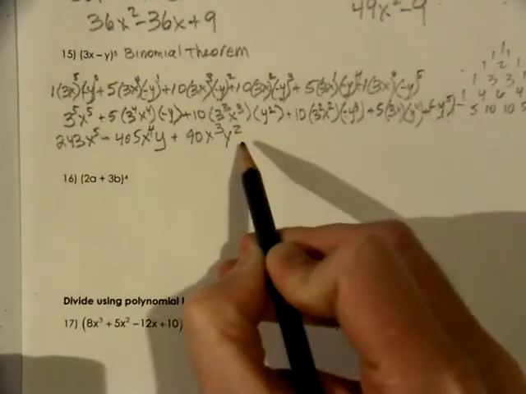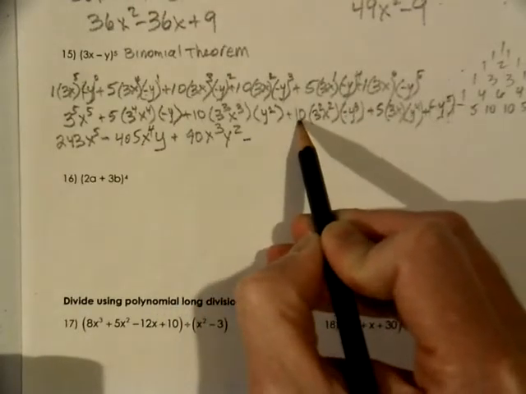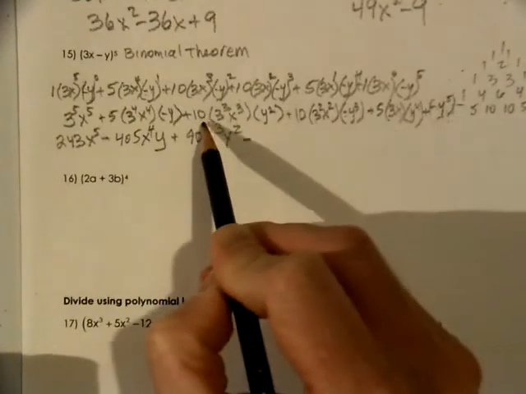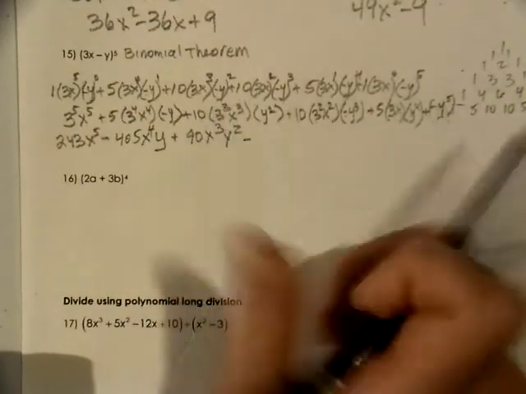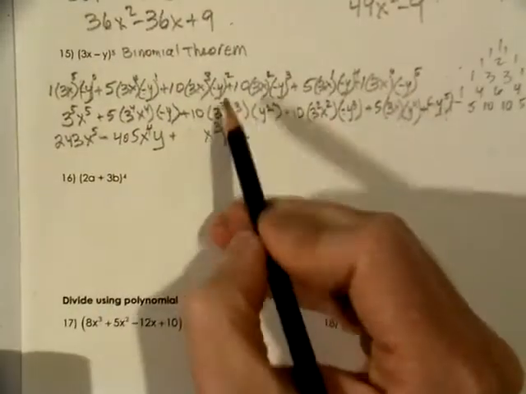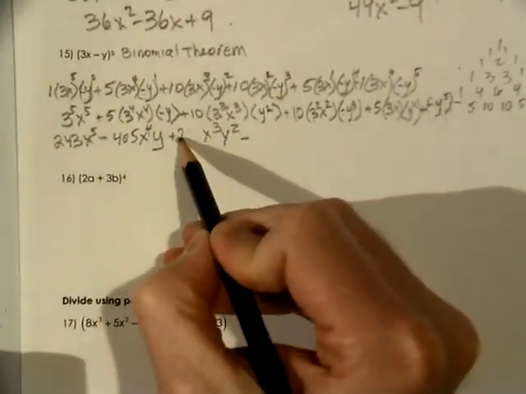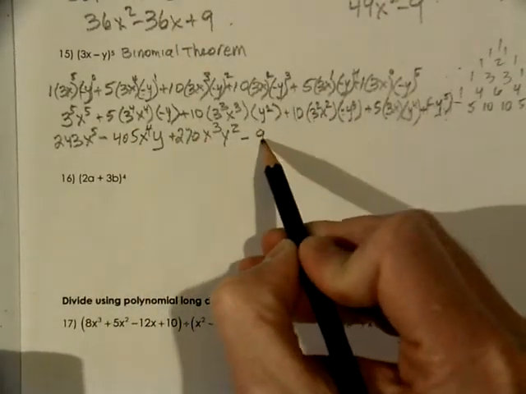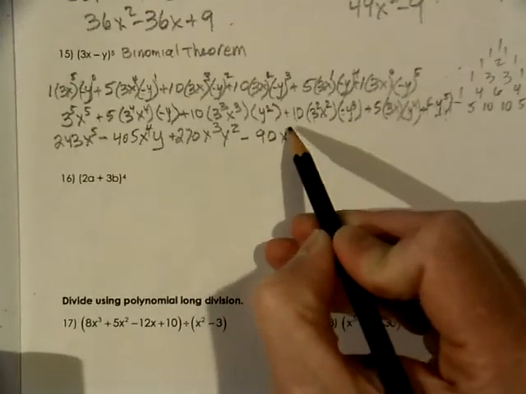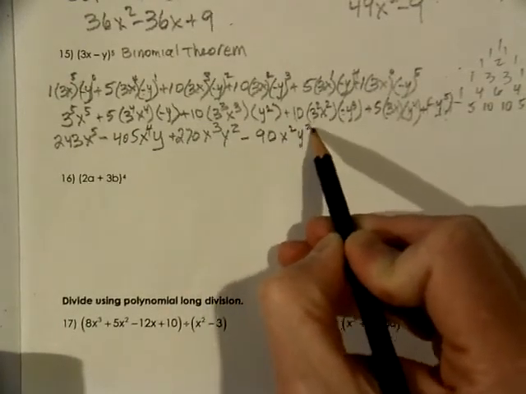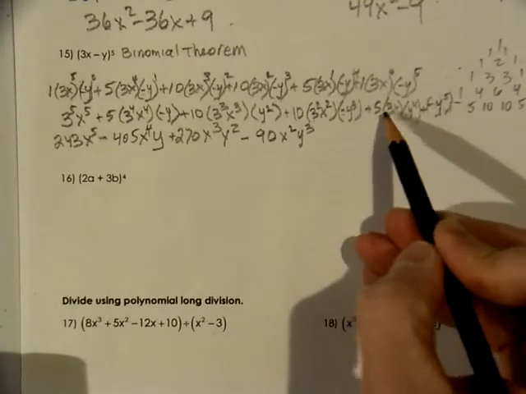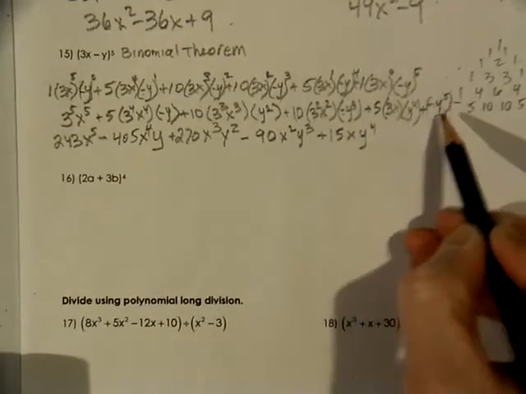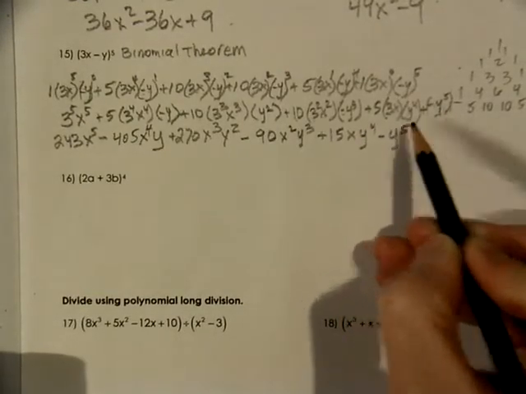This would be a negative, so we put a minus down. 10 times 9. Oh, let me look back here for a second. This would have been 27, not 9. This would have been 27 times 10. But here would be 9 times 10. X squared, y cubed, 15, minus y to the 5th.